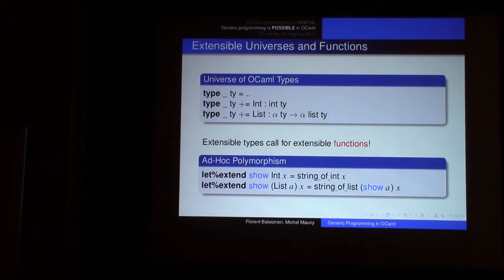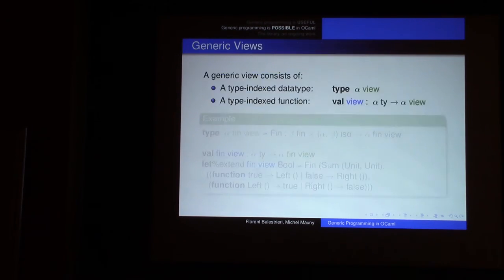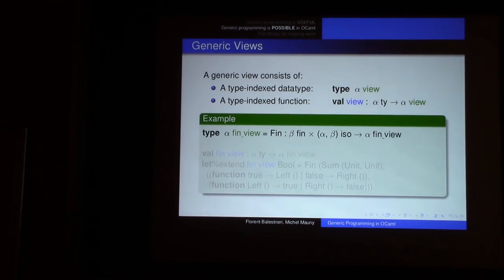So what will make generic programming possible is the unified representation. It's called a generic view, and it has two parts. It's a type together with a type index function that maps for each OCaml type a corresponding view.